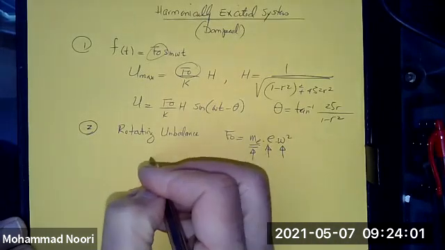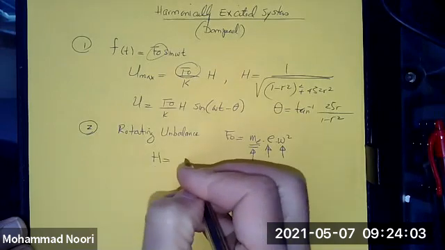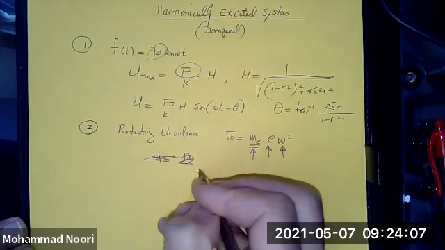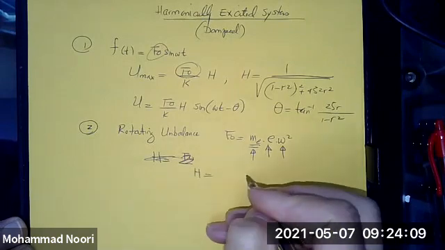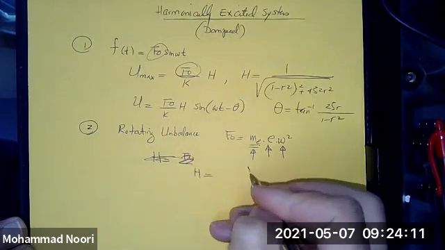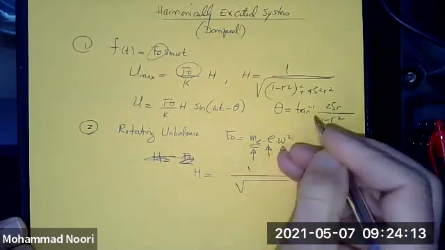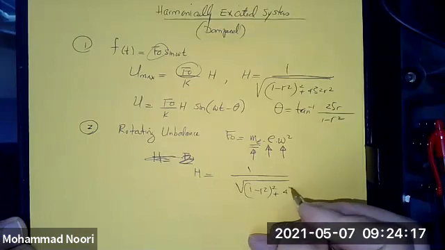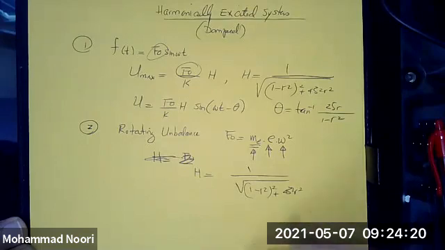And obviously, of course, h would still be that, 1 over 1 minus r squared plus 4 zeta r.